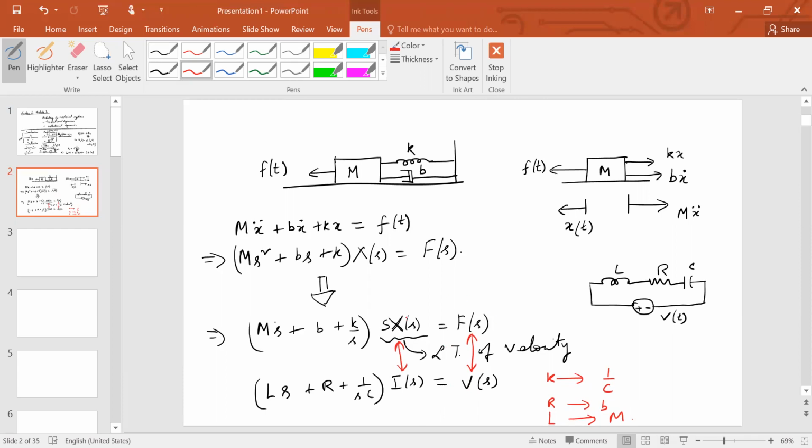You can also say that basically the displacement is the equivalent of the charge. You can immediately see that that is indeed the case. So this is what we call the series equivalent, the series analogy.